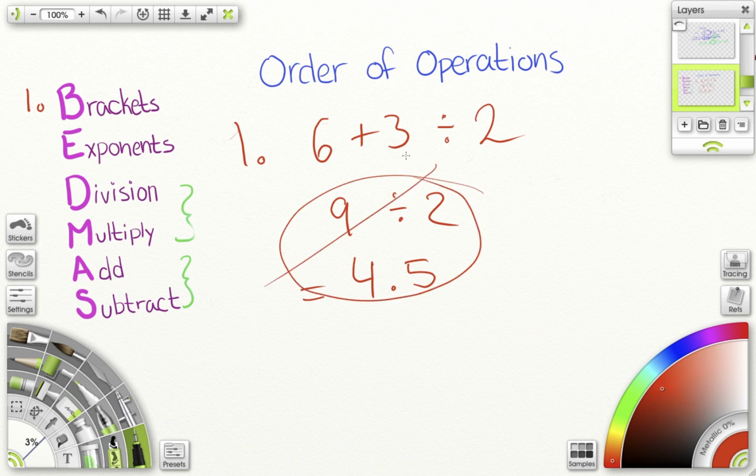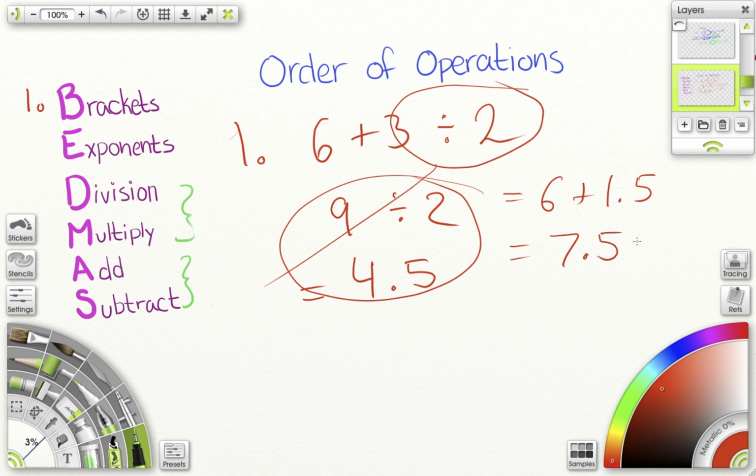But if I did it in the correct order, I have to do 3 divided by 2 first, so it equals 6 plus, because I bring that 6 down, I'm not touching it yet. 3 divided by 2 gives me 1.5, equals 7.5. It should be a whole number, that was my fault, but you see how they're completely different answers? That's what happens if you do it out of order.